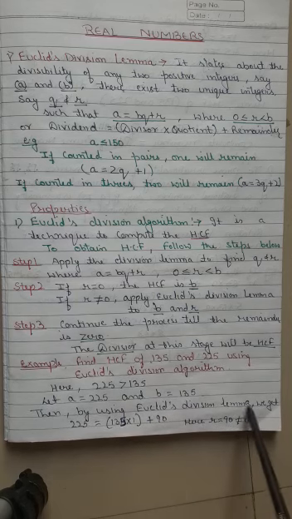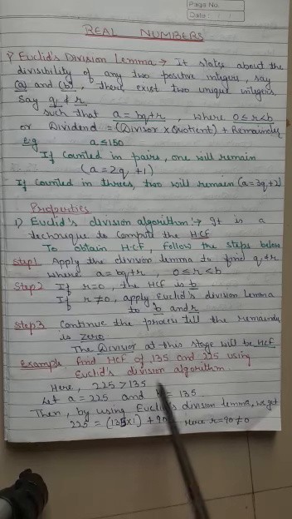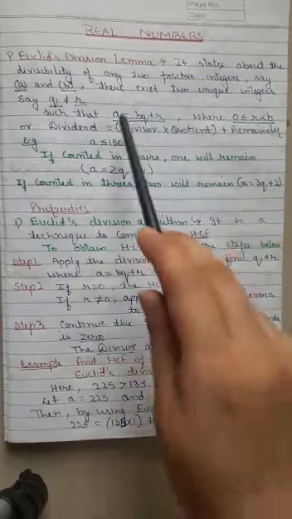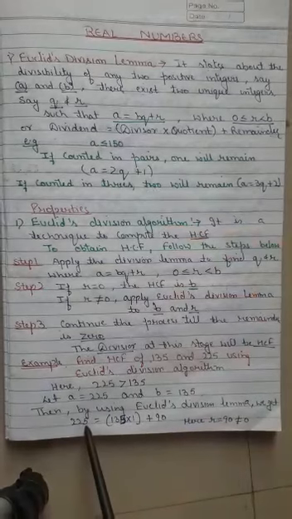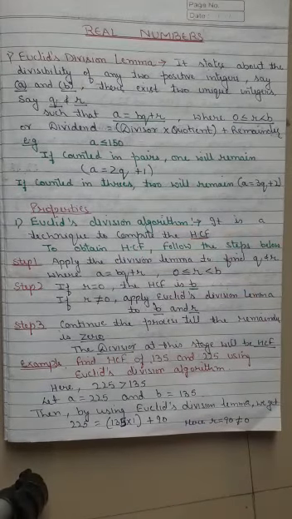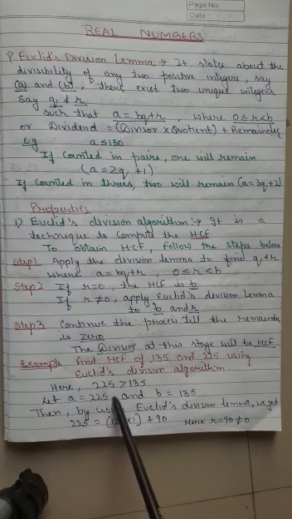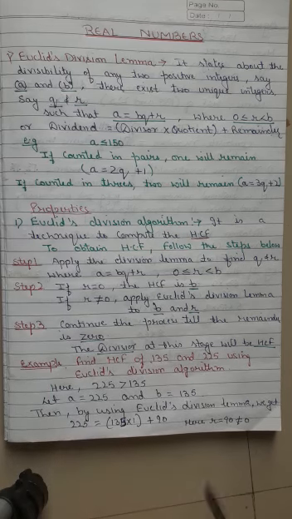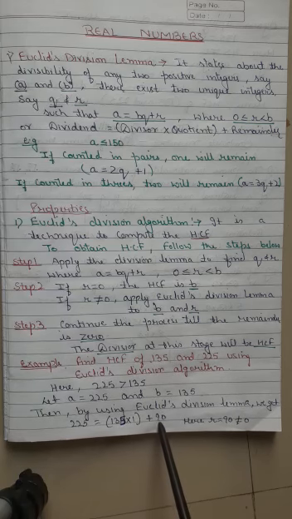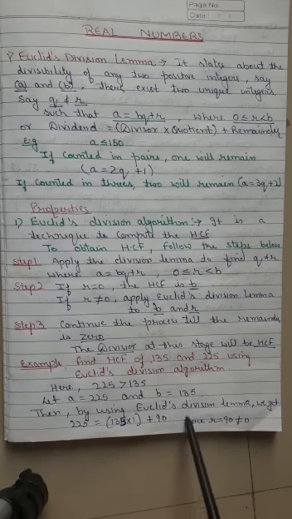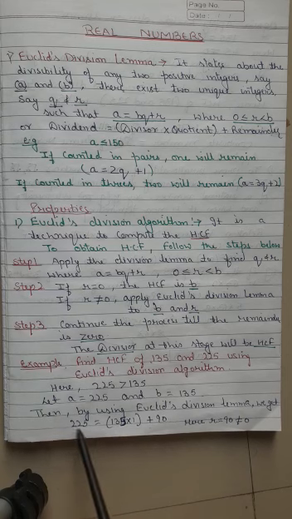Apply the Euclid division method, which is a = bq + r. The value of a is 225 and b is 135. We have to divide 225 by 135. When we divide 225 by 135, the remainder is 90. We have to write this in Euclid form.